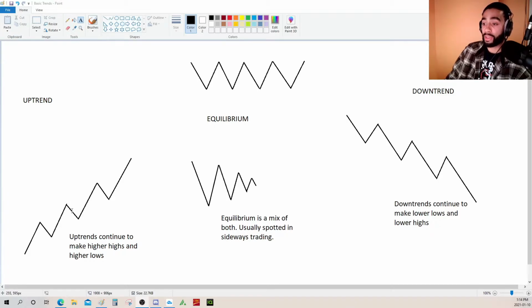You might have bought in the middle right here and it'll go down a little bit, but you're saved because of the overall uptrend that the stock is in. So that's why you want to start off investing in uptrends, and you want to continuously invest in uptrends because you're more likely to have momentum on your side, which is definitely something you want when you're putting money in the markets.